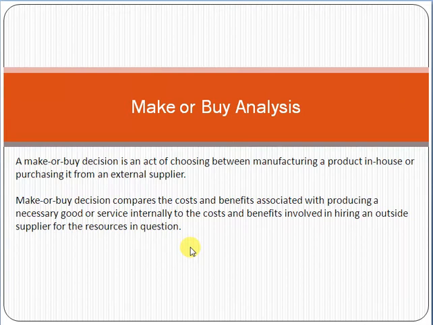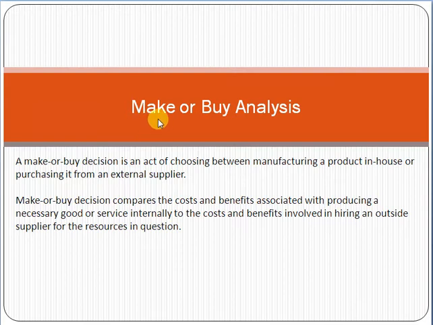Make means that you will involve your internal resources, in-house software resources like software developers, software designers, database engineers, production engineers. Also you have to buy the hardware and software necessary for the e-commerce solution. So that means you are going for the make approach.